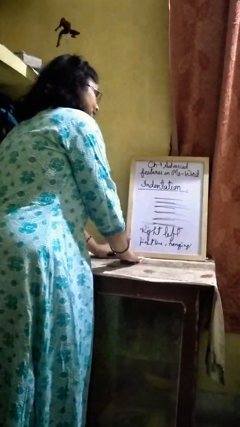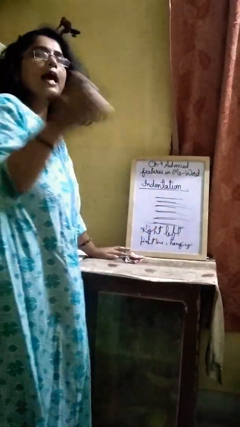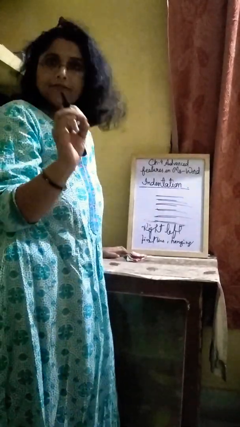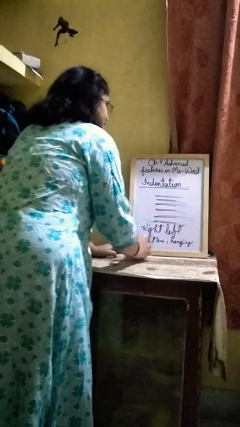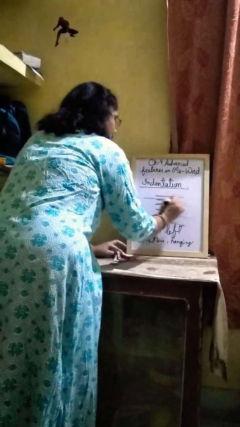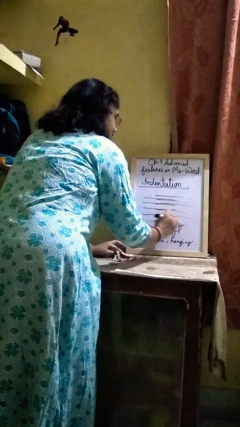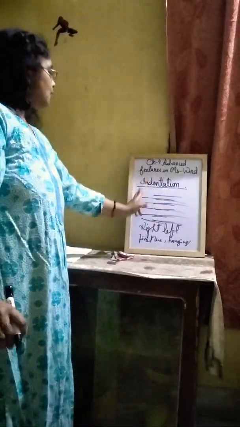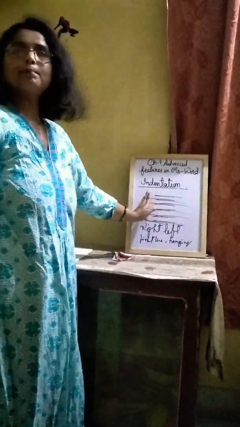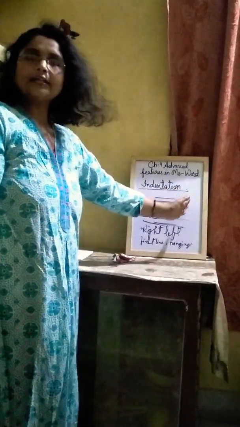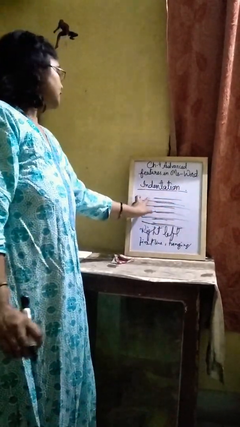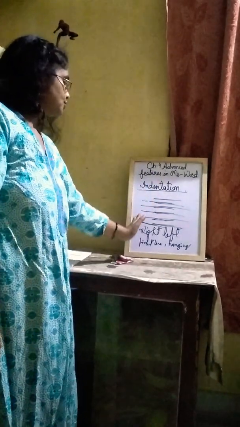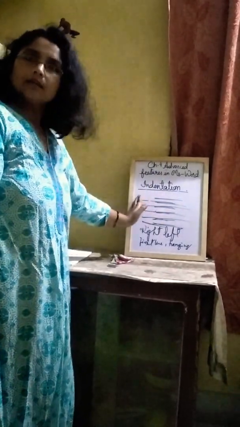Now what will happen in the first line indentation? As you write the paragraph, children, in the same way, the first line indentation happens. If you select the first line indentation, your paragraph will look like this. Only the first line of the paragraph will shift to the right. The space on the left hand side will be given here and the rest of the lines will be here.